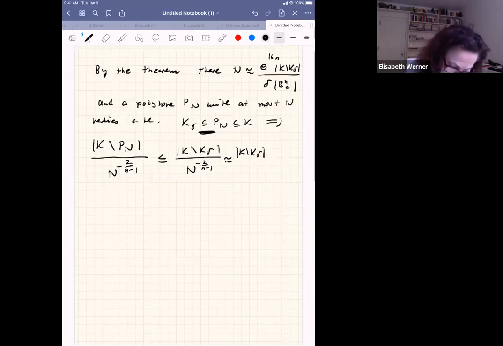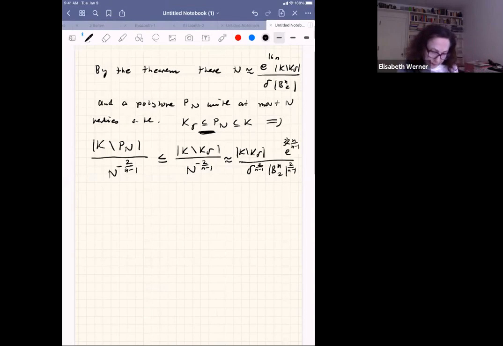So I'll plug that in now. We'll get a delta to the 2 over n minus 1, the Euclidean ball to the 2 over n minus 1. And then on the top, we'll have another e to the 32n over n minus 1.